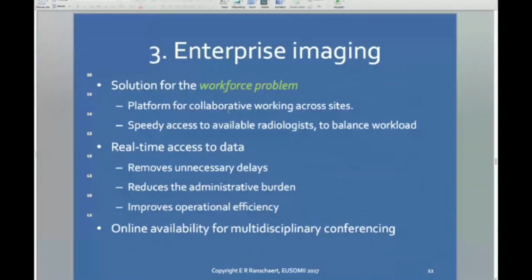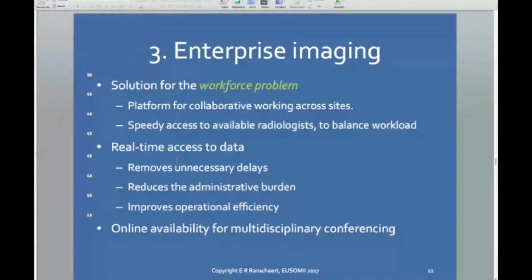Enterprise imaging, what does that mean? Well, it means that cloud-based solutions can provide a solution for the workforce problem, which means that work lists can be shared across different centers. So there's a platform for collaborative working across different sites. And there's also a possibility to get speedy access to available radiologists to balance the workloads.